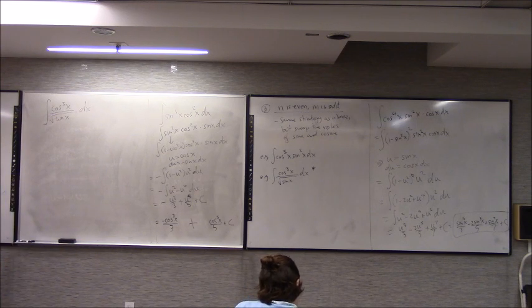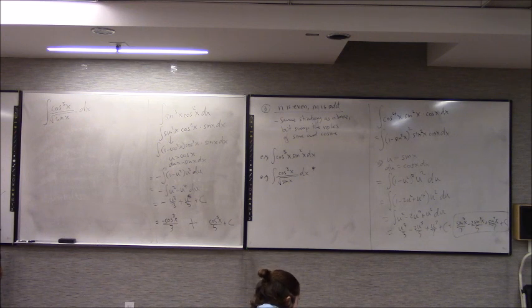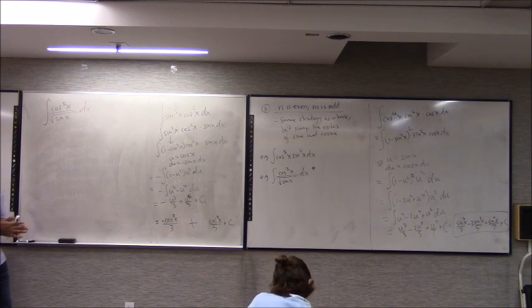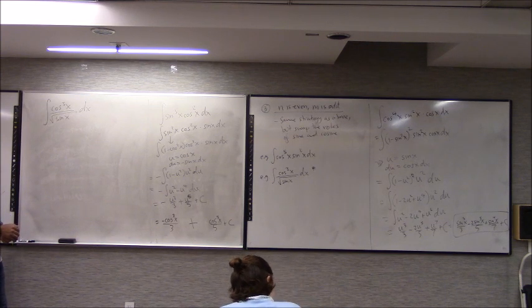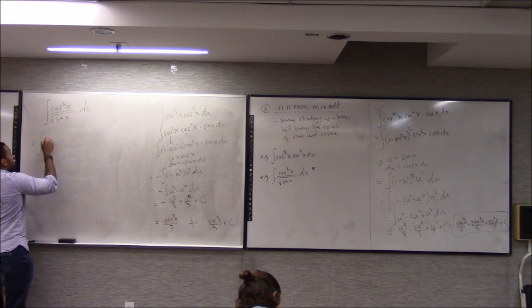What would you try for this one? Could you take out a cosine x to the top? Leave it like cosine x times cosine squared x.